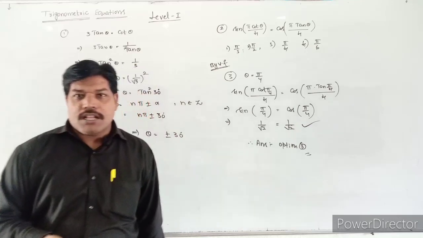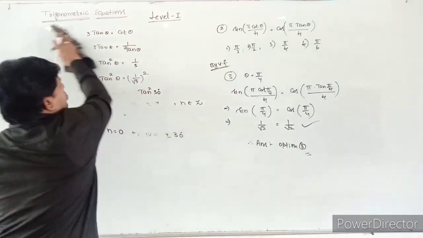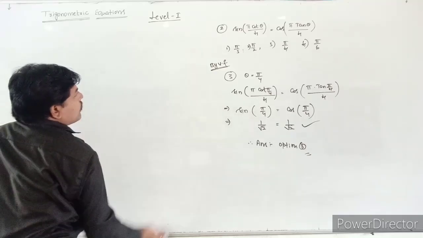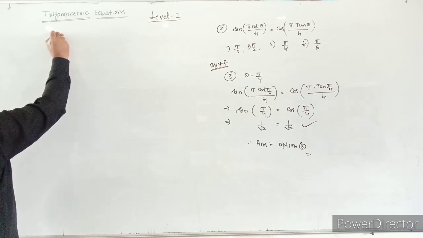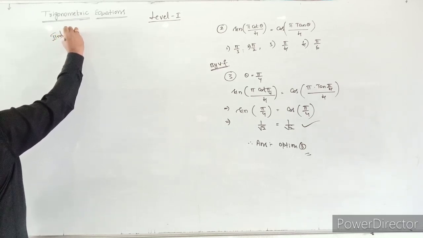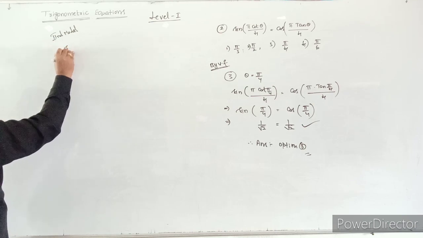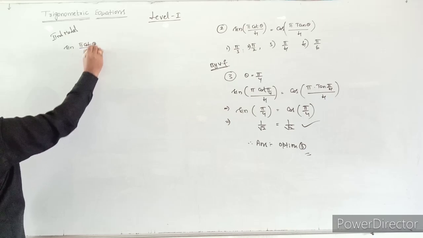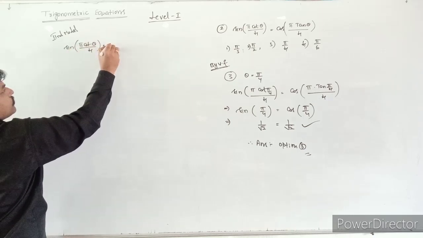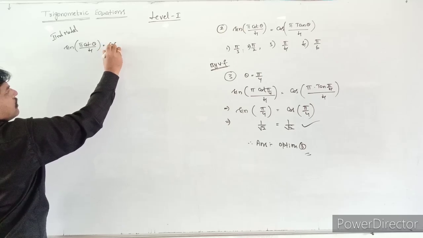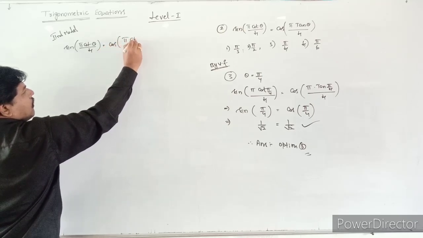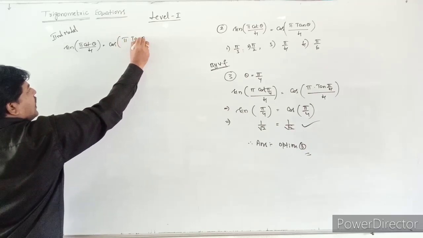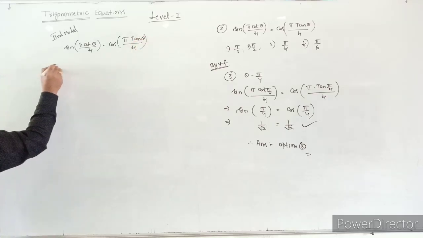Otherwise, in the second method we will also do that problem. In the second method, what I will take is sine of pi cot theta by 4 is equal to cos of pi tan theta by 4.